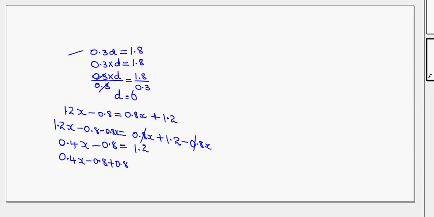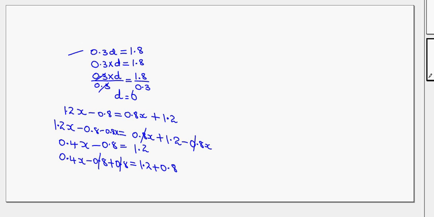And if I plus 0.8 here, what do I have to do on the other side? The exact same thing. So what happens here is that this cancels out with this. The minus 0.8 cancels out with plus 0.8, which we did on purpose. And we add up the 1.2 to the 0.8.